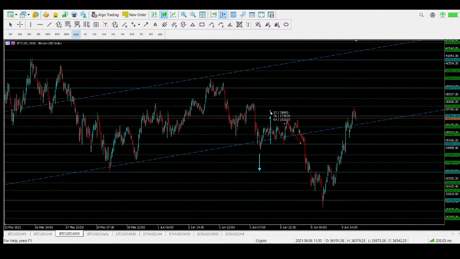Actually, it's the opposite. So let me try to get this right. Let me add a thicker color. Let's give it a yellow so we can see it nice and clear.